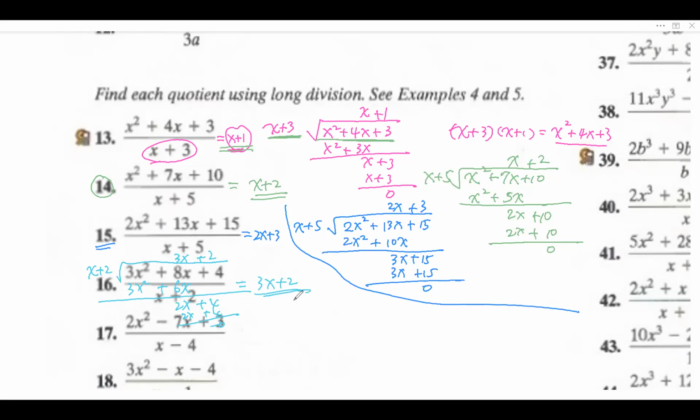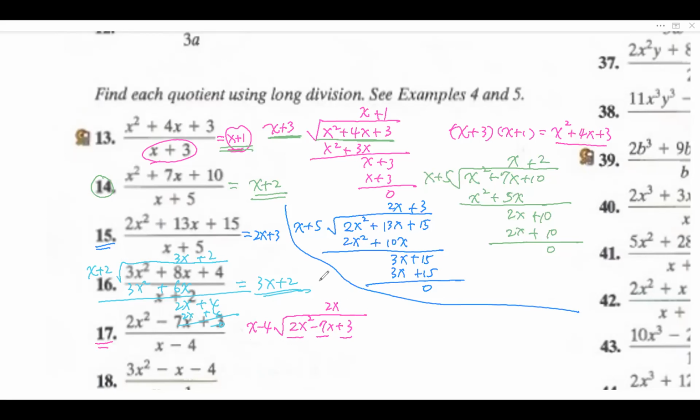All right. Next one, number 17. Anyone have questions about this kind of process? Keep this in your mind. This is just like hundreds, tens, and ones. So degree 2, degree 1, degree 0. Just like hundreds, tens, and ones, right? Divide by x minus 4. Find the term that times this one exactly matches this one, 2x, right?